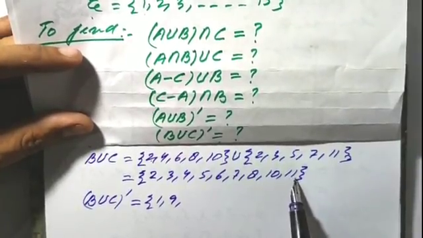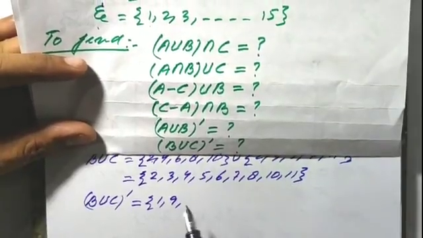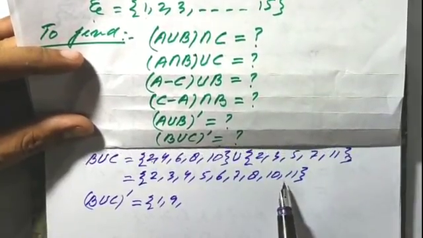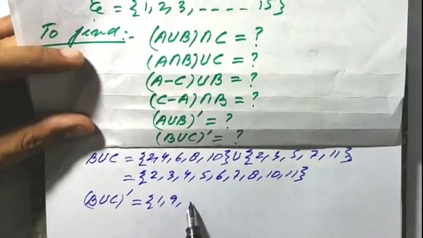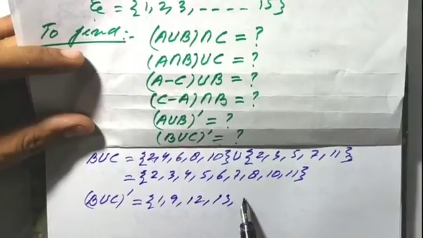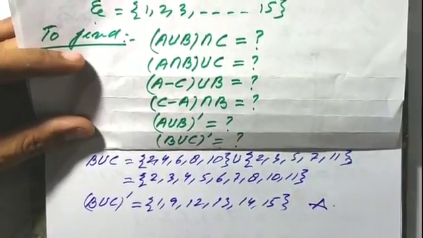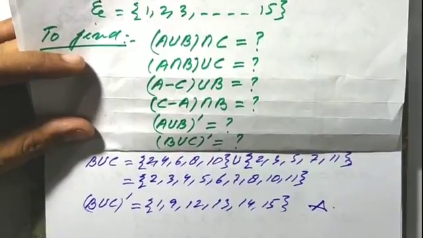After that, 12, 13, 14, 15 are not in B union C, so we include them in the complement. That's it. This is (B ∪ C) complement.